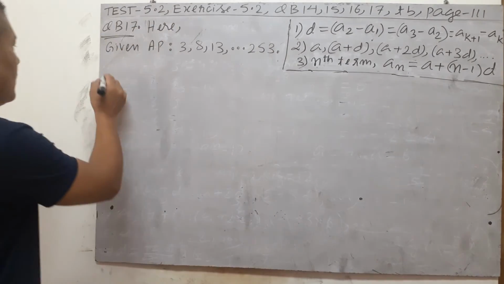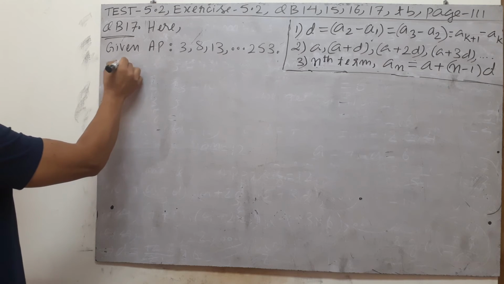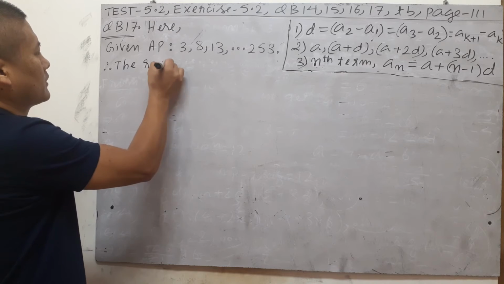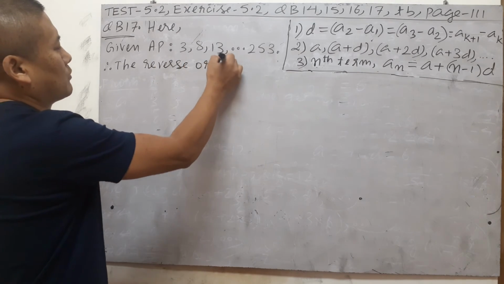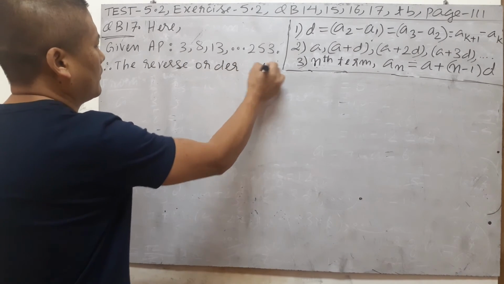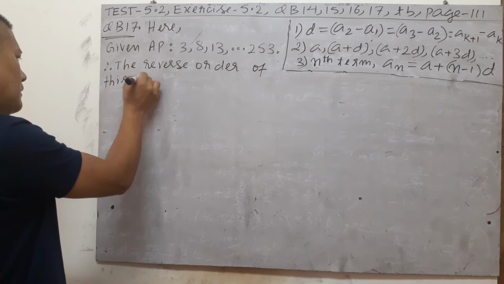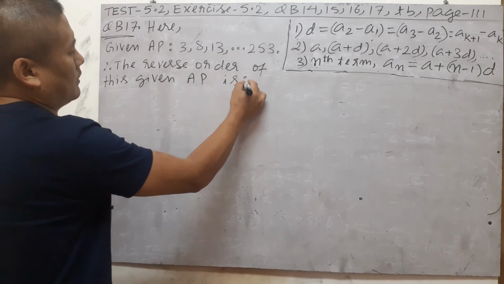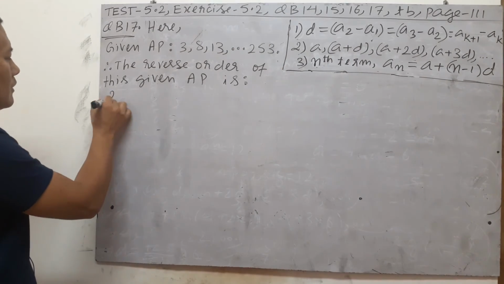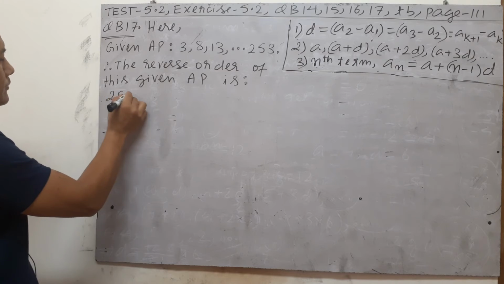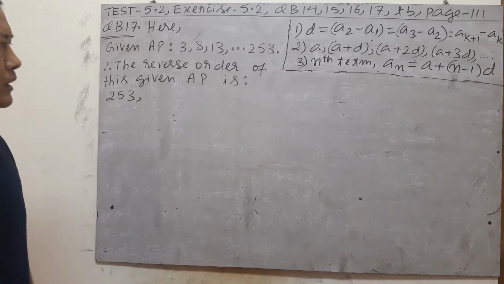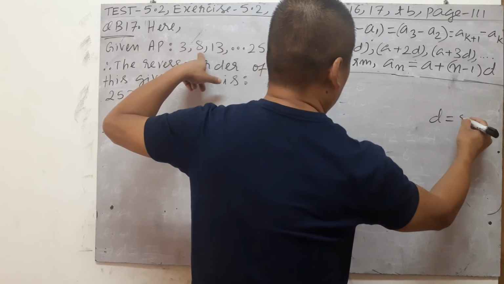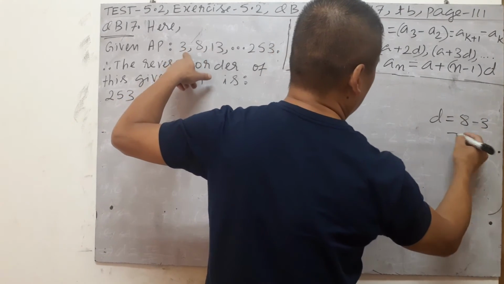Therefore, the reverse order of this given AP, which is what they're asking, is, simple common sense, 253. And the common difference, let's find out on the rough, D equal to A2 minus A1.